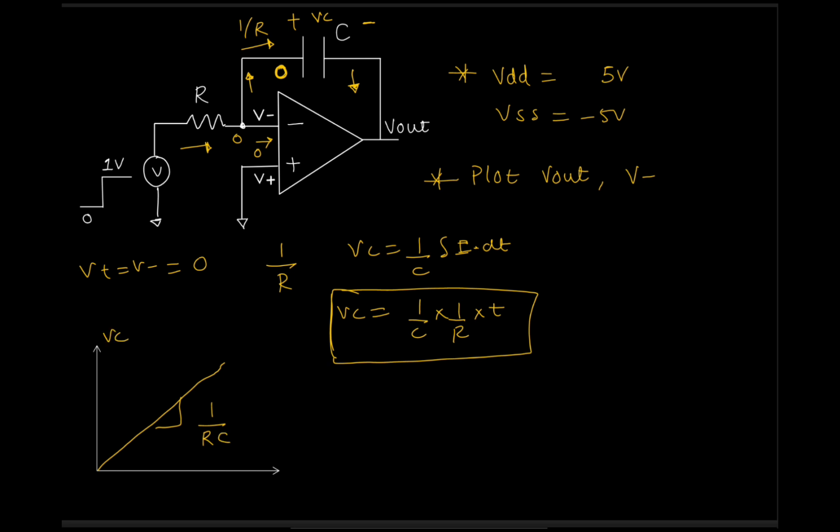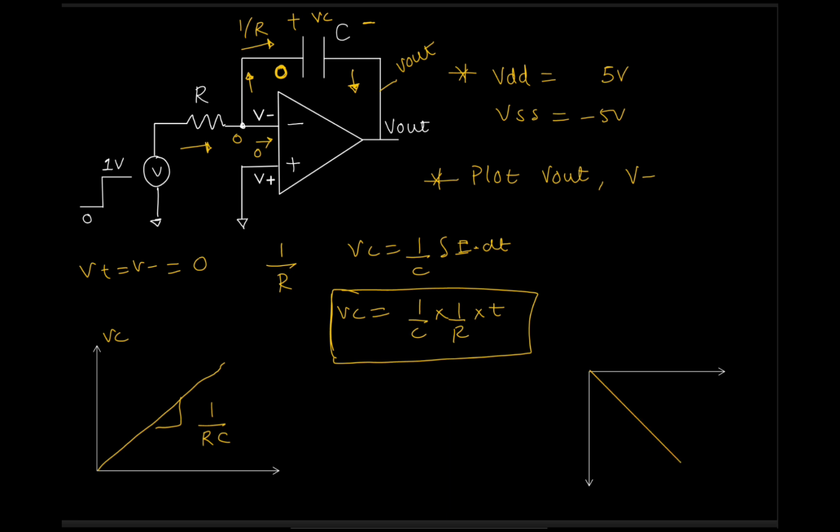This is VC, but what will be the V out? Yes, what will be the V out? So think about it. V out will go negative because this is V out and this is minus of VC. Minus of VC means it will go down.